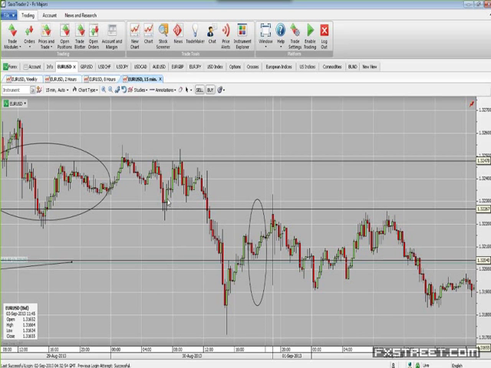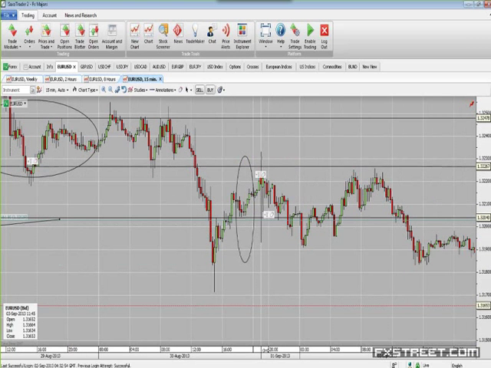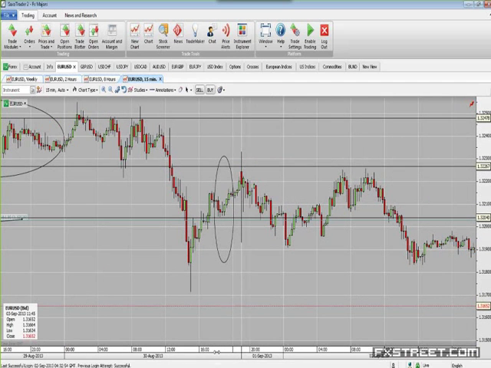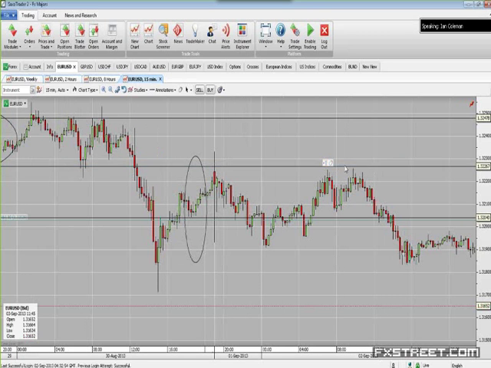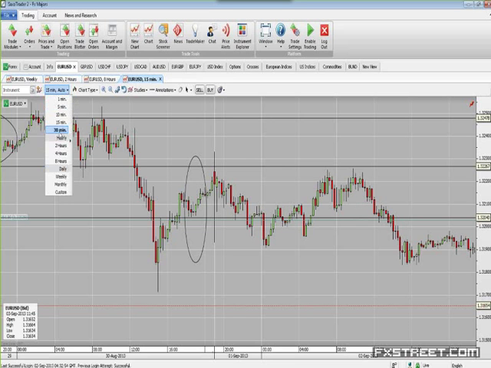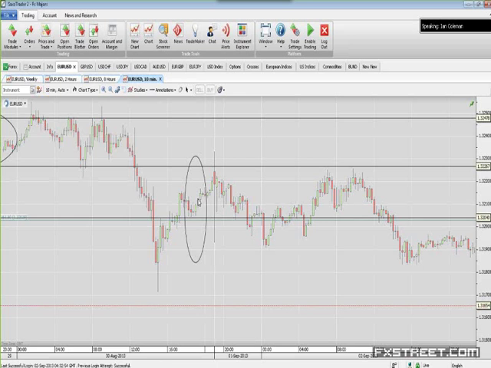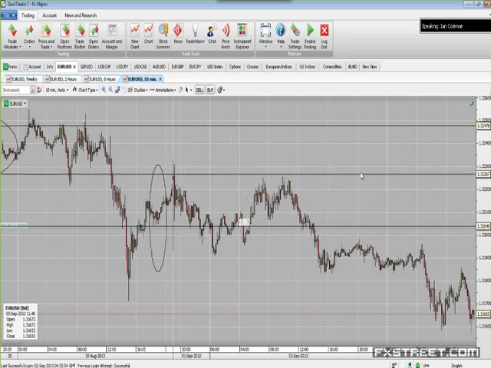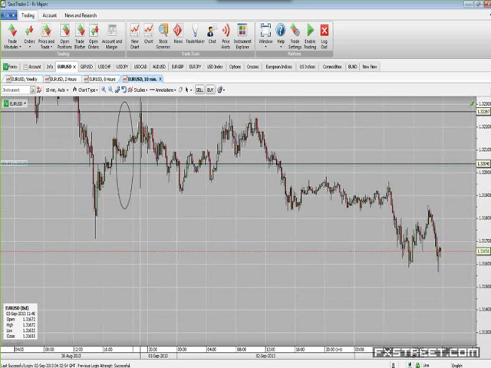Outside bearish bar, bit of a pin bar, but it was at resistance. Outside bar, pretty close to resistance. So you just keep on looking for these different bearish formations in different time frames. And of course, the lower the time frame, the lower the stop.